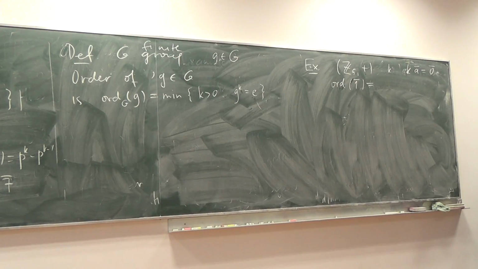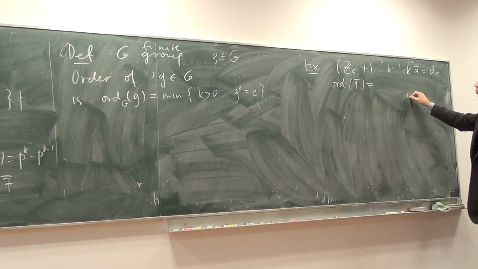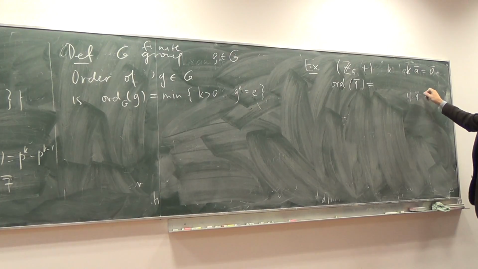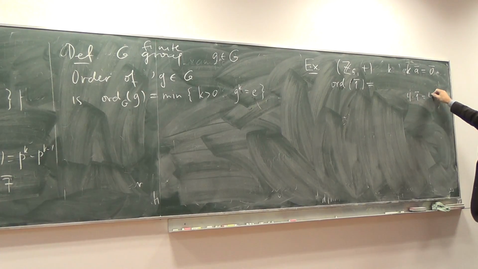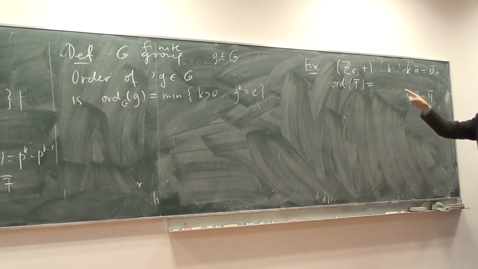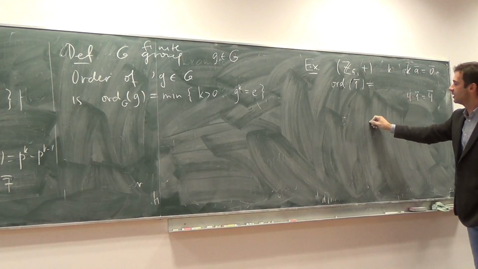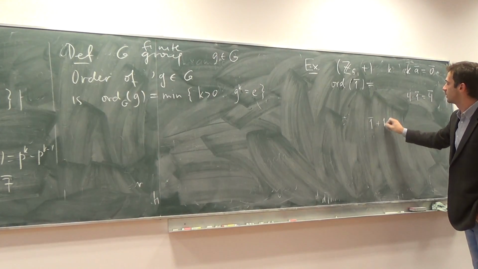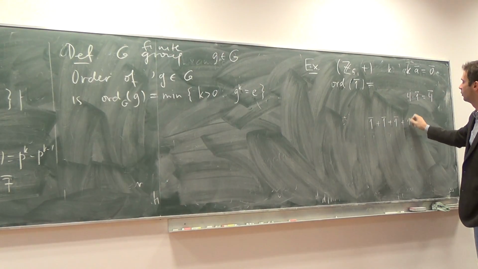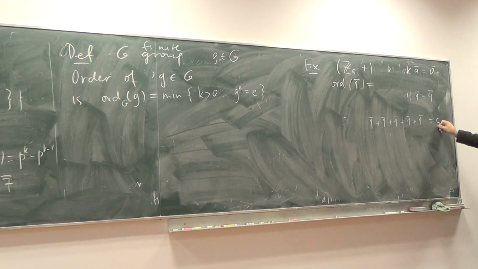Anyone has a suggestion? 4. 4, right. It's a reasonable guess, but if we take 4, it's not quite 0 here. So maybe we can get a 5. It's about adding elements. We have 1, then 1 plus 1, still non-zero, still non-zero, still non-zero, and then this is 0.